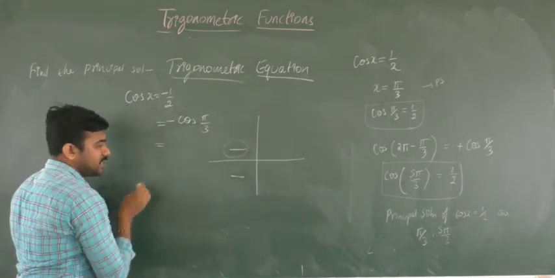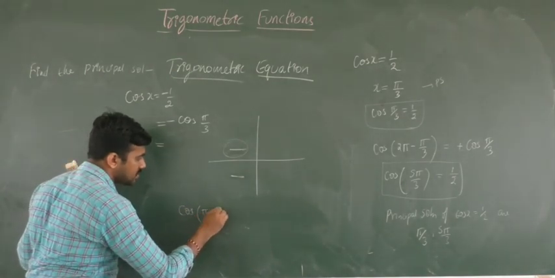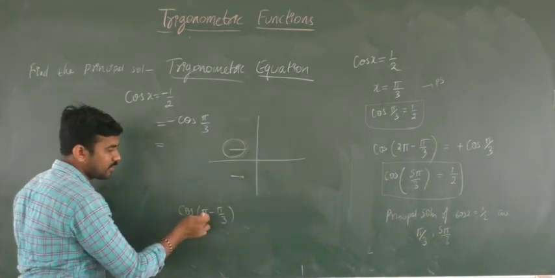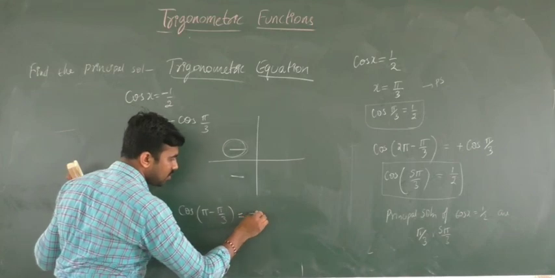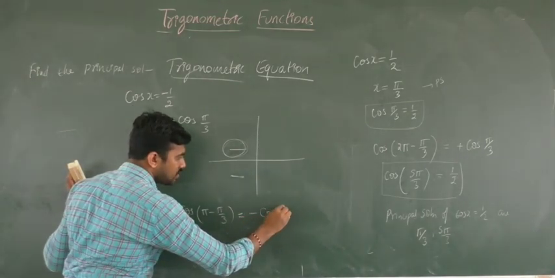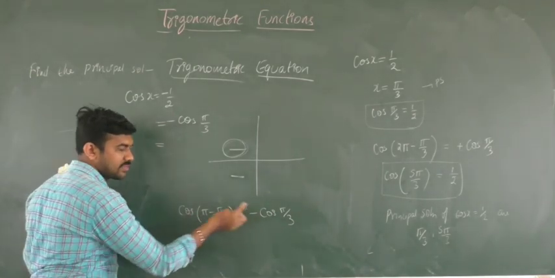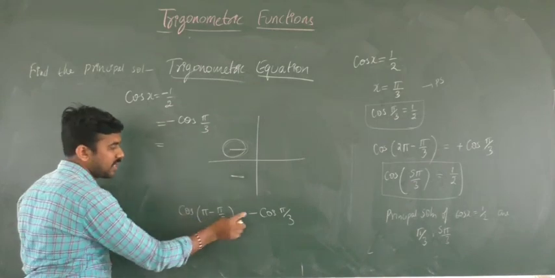So minus cos pi by 3 we can write as cos of pi minus pi by 3, because this is in the second quadrant. When writing in the second quadrant, write pi minus pi by 3. Cos of pi minus pi by 3 is minus cos pi by 3 by using allied angles. 180 minus theta gives cos for cos, but here cos is negative in the second quadrant, so we get minus cos pi by 3.